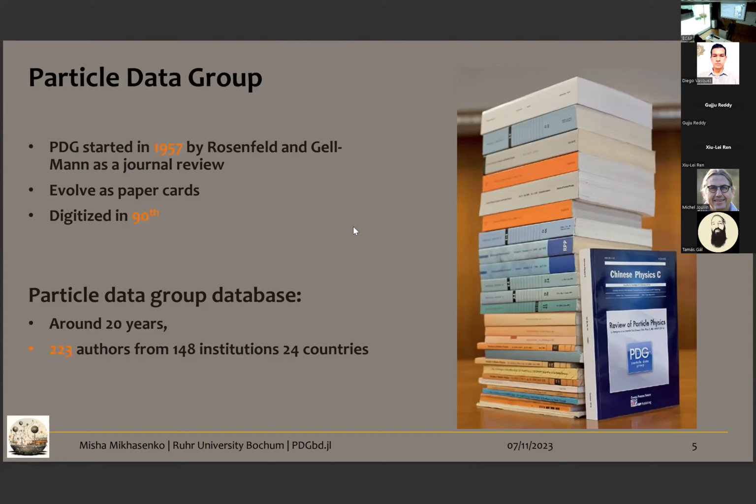And there is a central Particle Data Group that manages this activity and puts in the latest improvements. There is a lot of work by many people, and the result is these nice books.